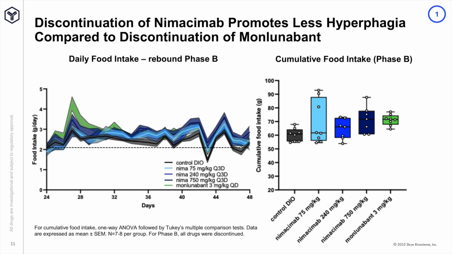So this again speaks to other drivers, other mechanisms, notably energy expenditure, lipid metabolism, et cetera, helping to explain this relatively stable rebound phase with nimacimab that is not present with monlunabant.